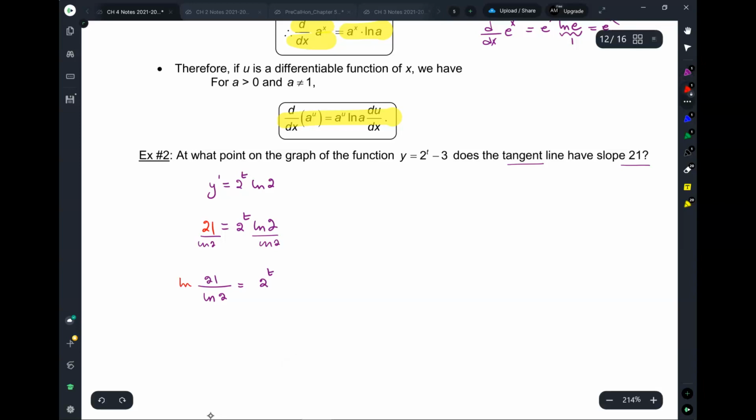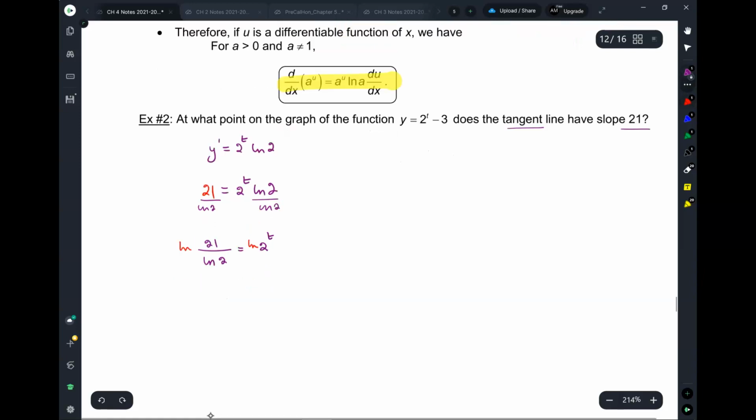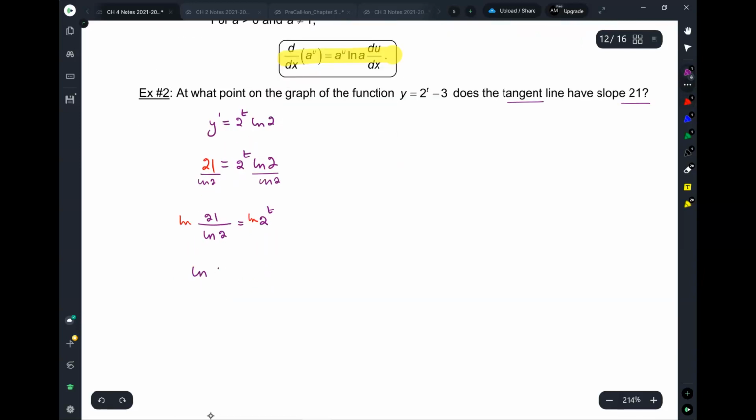Take ln of both sides. So I have ln of 21 over ln of 2 equal to, t comes down, ln of 2.